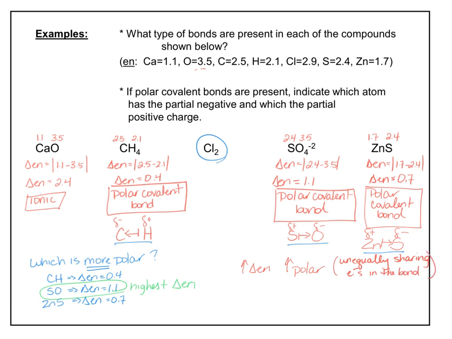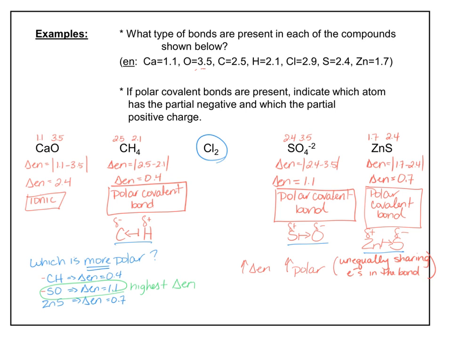Okay. Let's take, for example, let's compare the carbon-hydrogen and the sulfur-oxygen bond. The carbon-hydrogen bond's delta EN value is 0.4. It's pretty small. It's almost nonpolar covalent, but it isn't. It's polar covalent. It would almost be like me in a tug-of-war match with someone of equal size and almost equal strength, maybe someone that's slightly weaker than me.